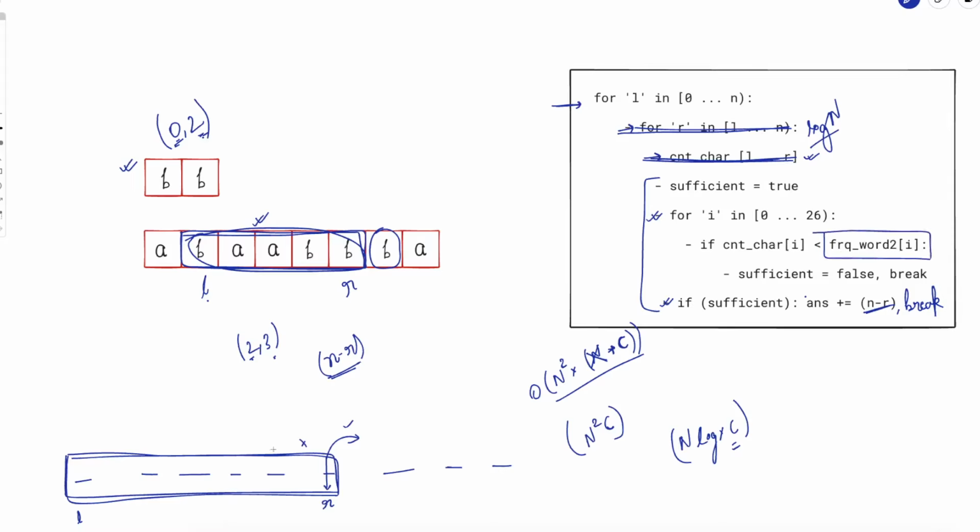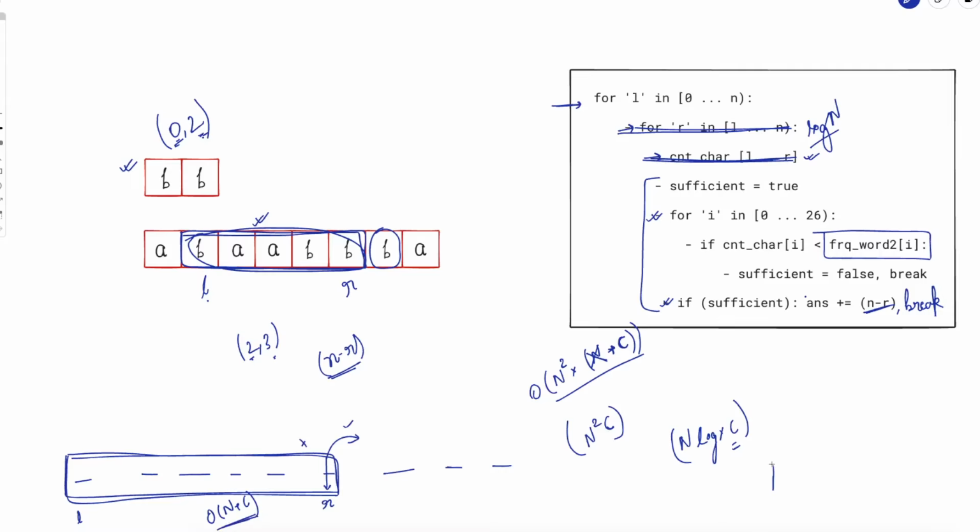Now, if you do this, you will need order n time to just find out frequency, and then order c time to actually compare as well.